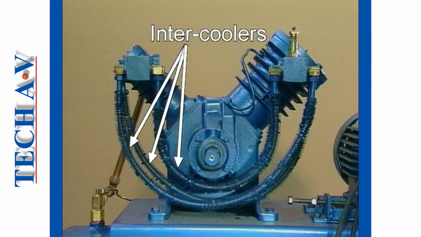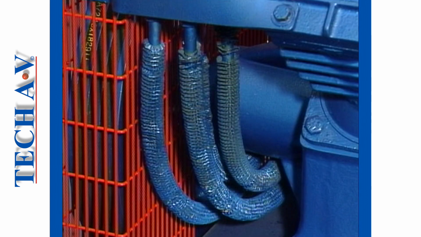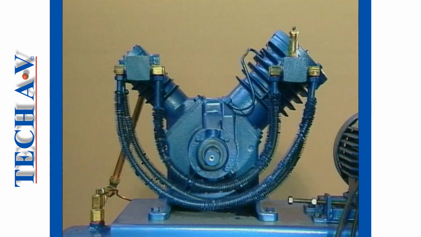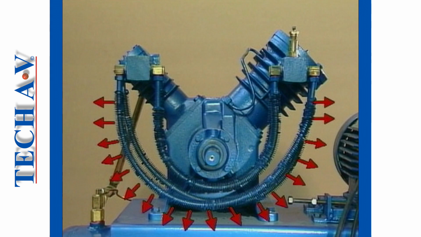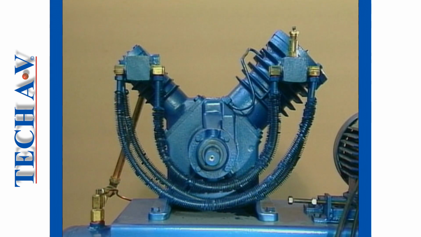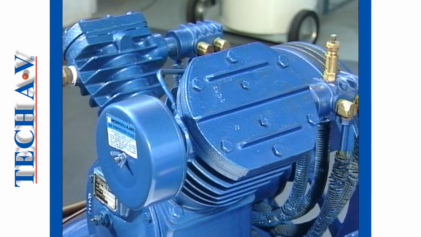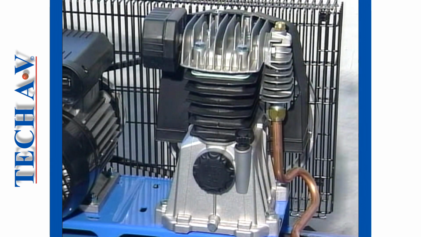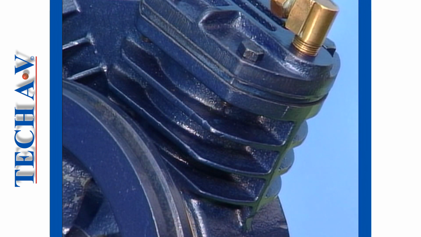An intercooler is usually simply a copper tube that has air fins soldered onto it. The air fins act to draw heat out of the copper and to present a large surface area over which outside air will flow. The reason for this is to do with cooling. You will notice that the cylinders and the heads of most reciprocating compressors are heavily finned.